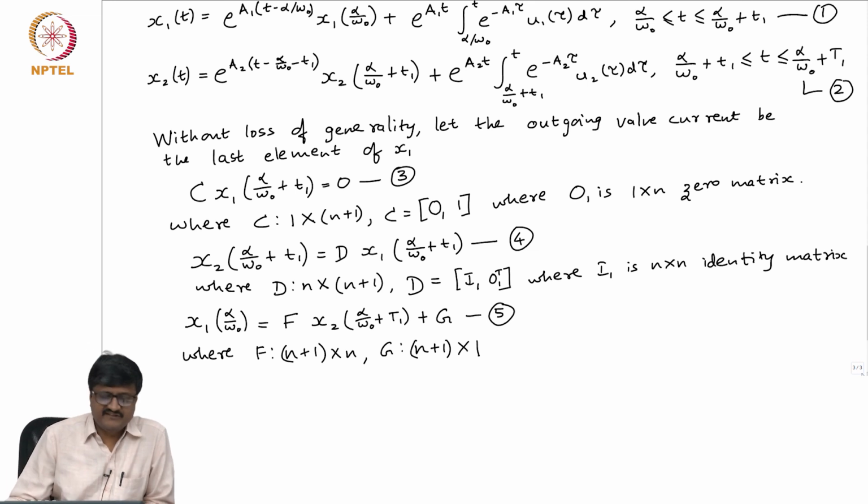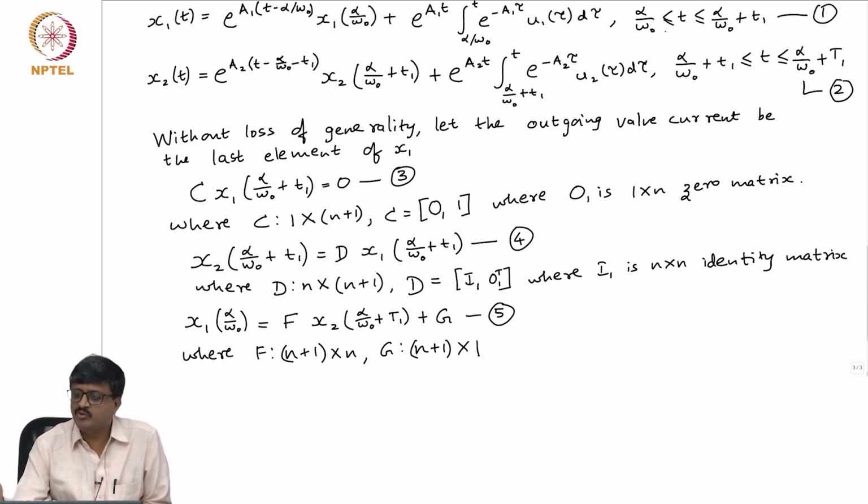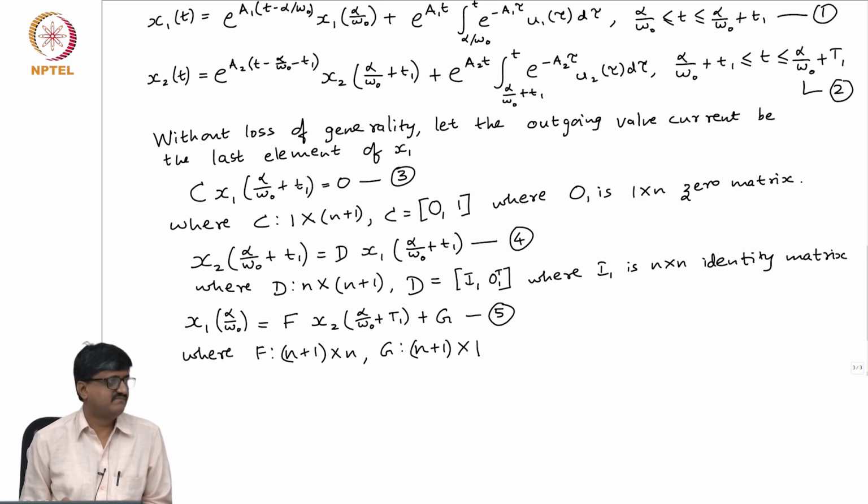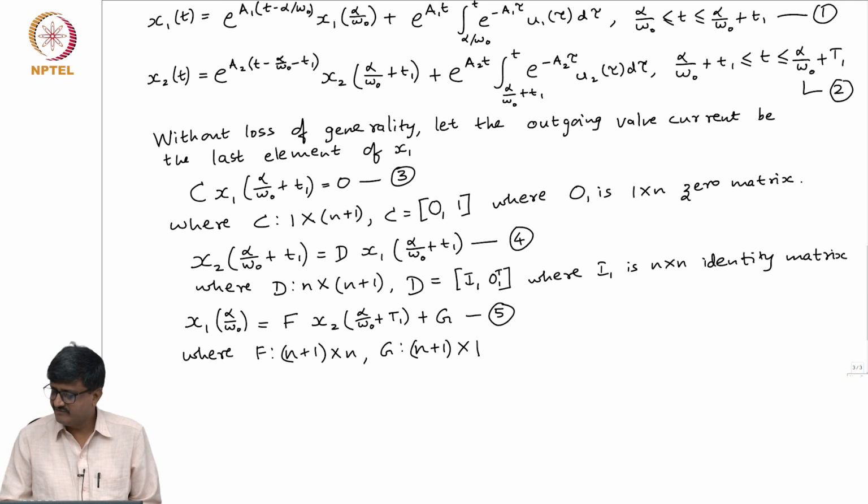Now, I take equation 3, and get an expression for x1 evaluated at alpha by omega O plus T1 using equation 1. Can I do that? The first equation gives the expression for x1 from alpha by omega O to alpha by omega O plus T1. So, I can get the expression at alpha by omega O plus T1 using equation 1.